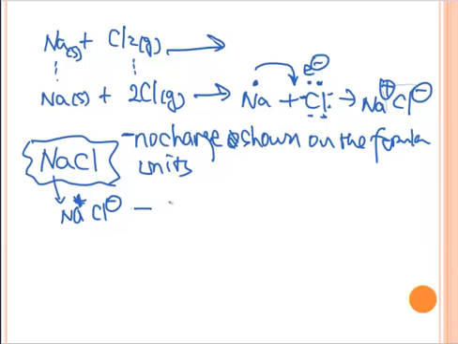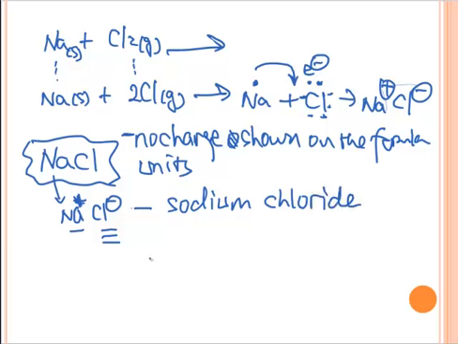The naming convention is that the positively charged ion will be called sodium, the same name as the element, and the chloride is going to be changed into chloride. And this is how we come up with this formula unit: we know the charge on sodium is +1 and the charge on chloride is -1, dictated by the octet rule.